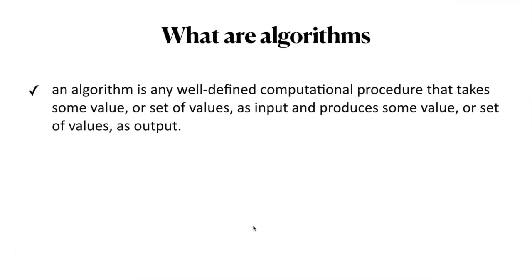What is an algorithm? An algorithm is any well-defined computational procedure or process that takes input as a value or multiple values or sets of values and produces an output.